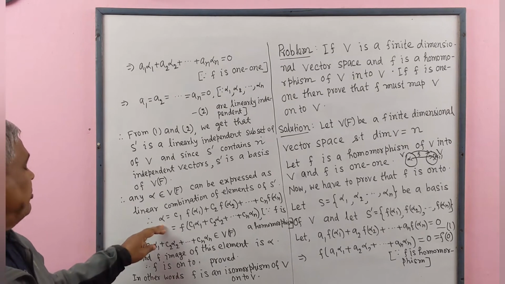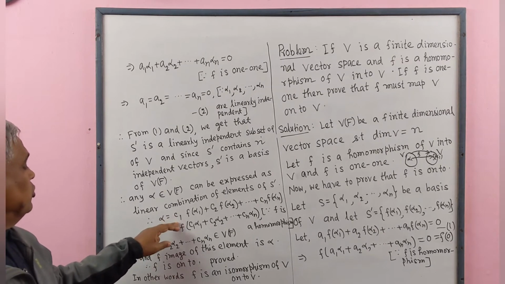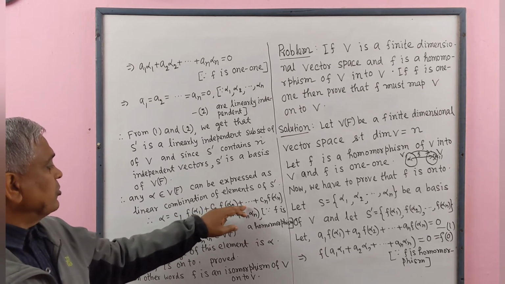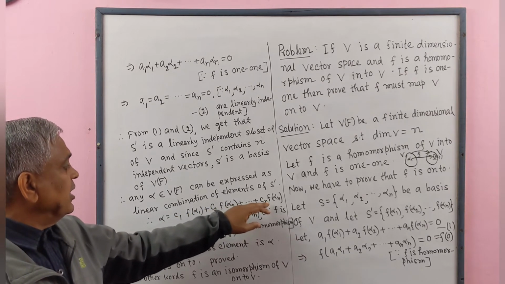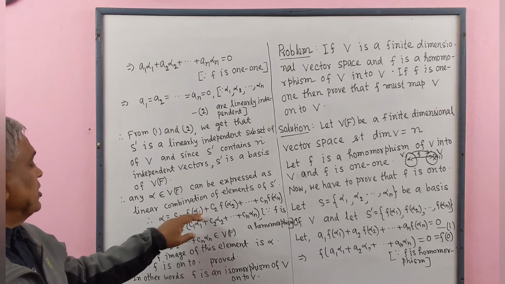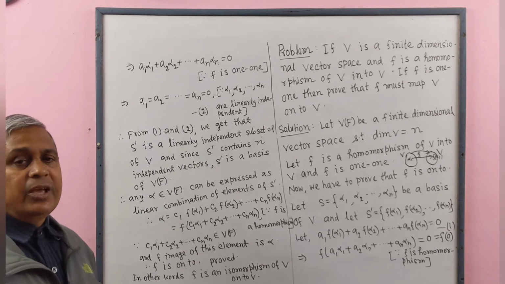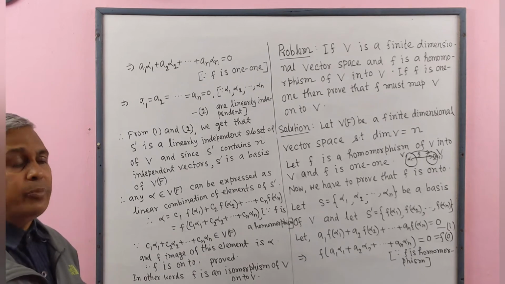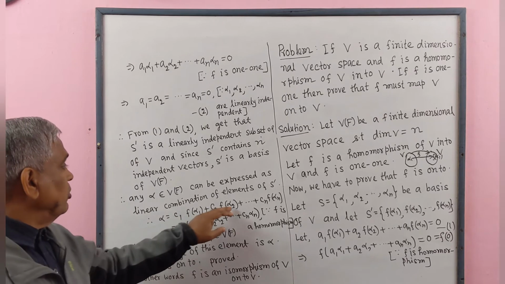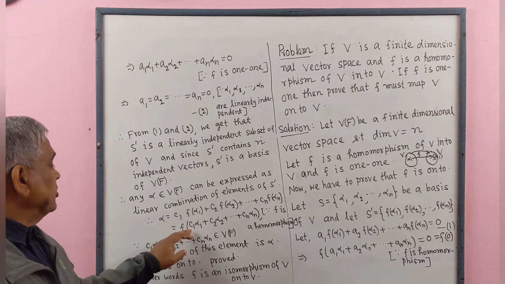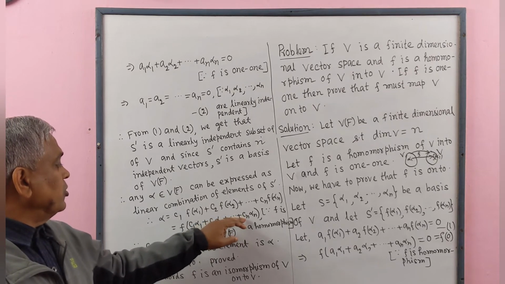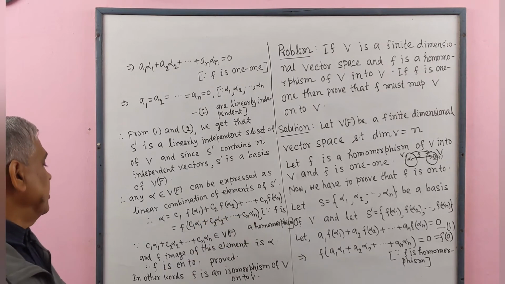We may write alpha equal to C1 F alpha 1 plus C2 F alpha 2 plus dot dot plus Cn F alpha n. Since F is a linear transformation, we may write this equal to F of C1 alpha 1 plus C2 alpha 2 plus dot Cn alpha n.